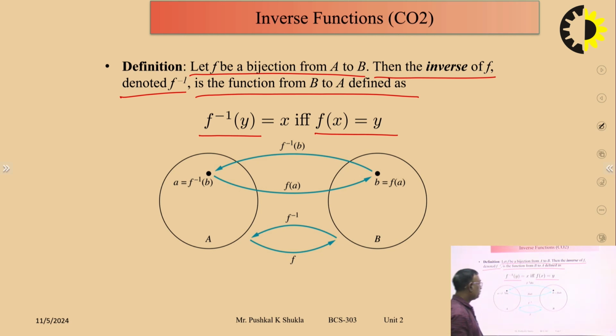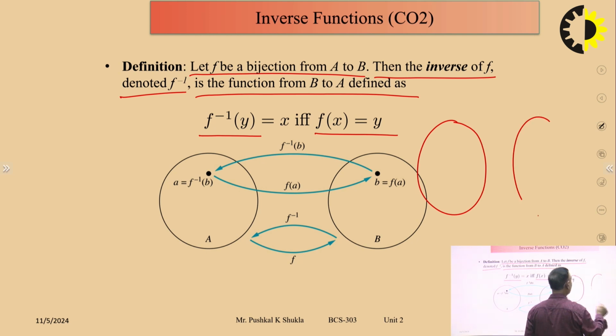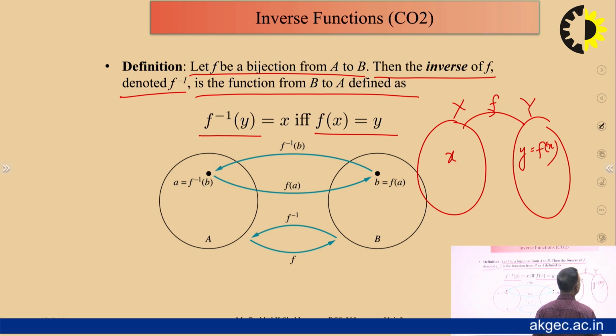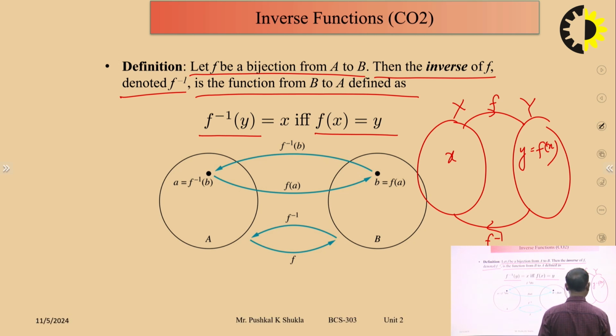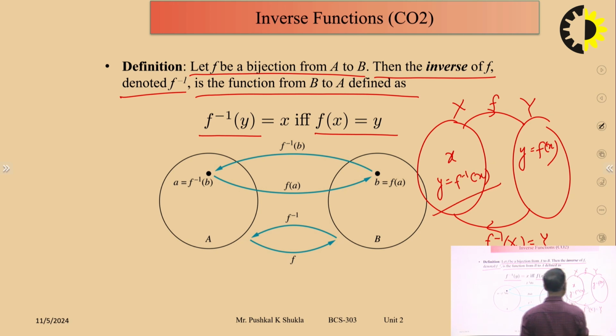For example, suppose this is set x and this is set y, and there is a function, so we can write y = f(x). Then f inverse is a mapping from y to x, so x = f inverse(y).